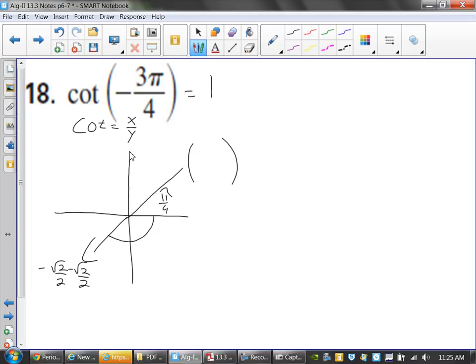It's one way of doing it. Shane brought up a great idea here, guys. Whenever you're dealing with tangent and cotangent, once you relate it back to a special right triangle, 30, 60, 90 or 45, 45, 90, you can find the tangent of 30 degrees being 1 over root 3, or root 3 over 3. There's your tangent.